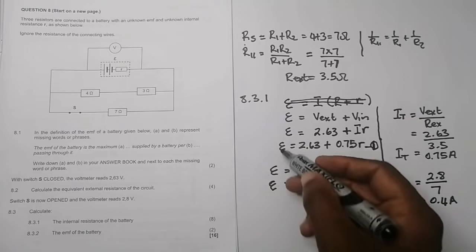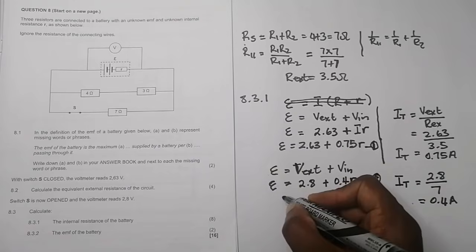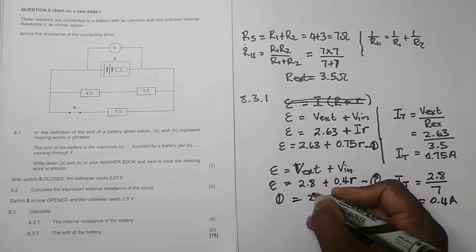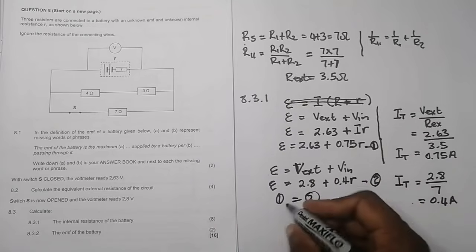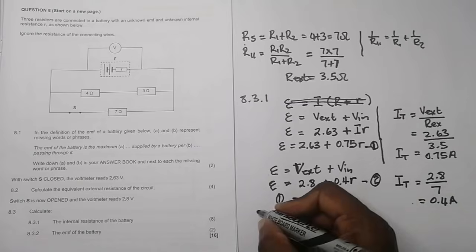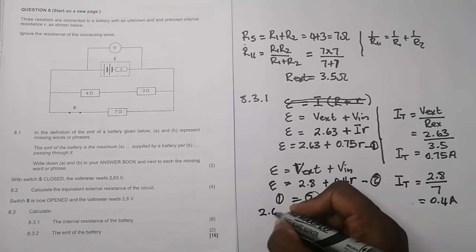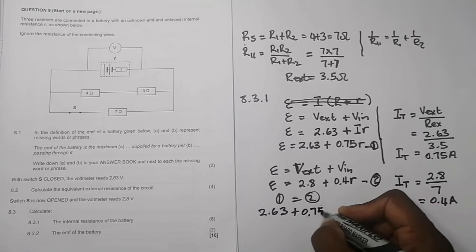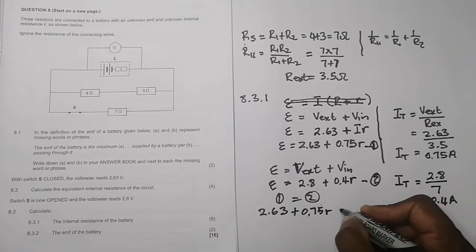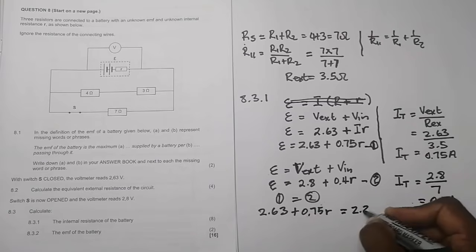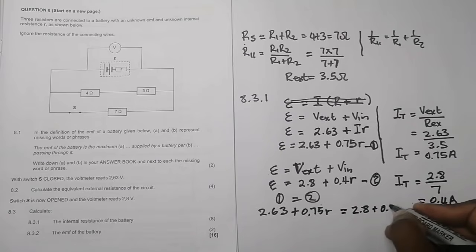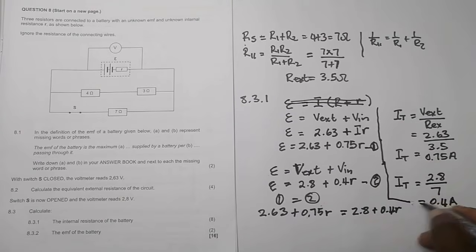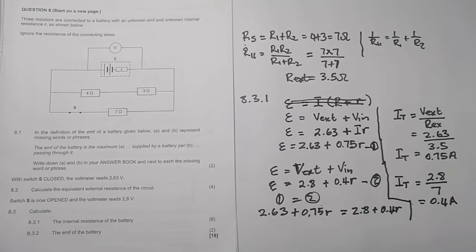So as a result, because both of them represent EMF, I can simply say equation 1 is equal to equation 2. I can equate the right hand side of each equation. So 2.63 plus 0.75 R should be equal to 2.8 plus 0.4 R. Let me just make sure that I don't mix those two up.